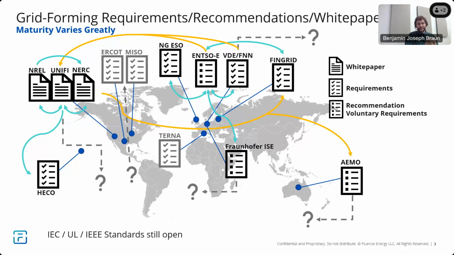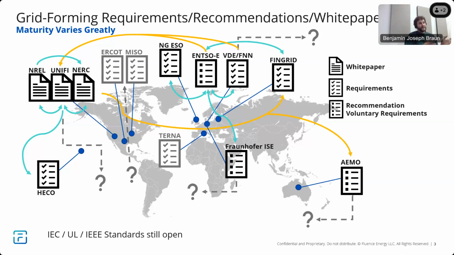I like to joke that we absolutely do not need a UL version of grid forming and an IEC version of grid forming. At the end of the day, what grid forming is really trying to get at is mimicking the physics of a synchronous generator, and those physics don't know any sort of regional norm boundaries or anything like that.